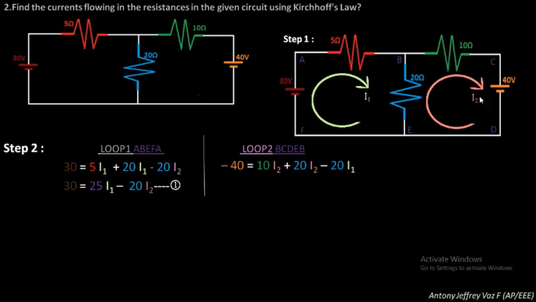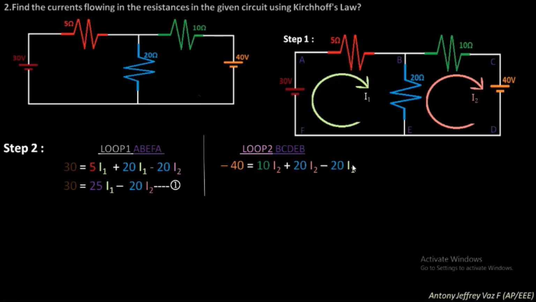Whereas in this problem, the current flows from the positive terminal towards the negative terminal, so there is a voltage drop, and we get minus 40 volt, which is equivalent to 10 into I2, plus 20 into I2, and minus 20 into I1.